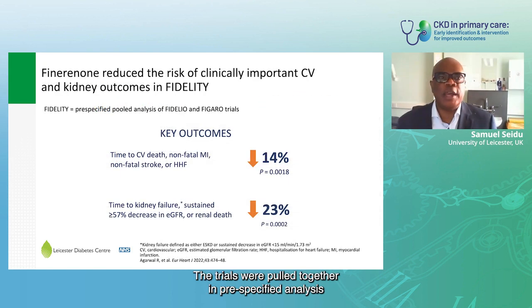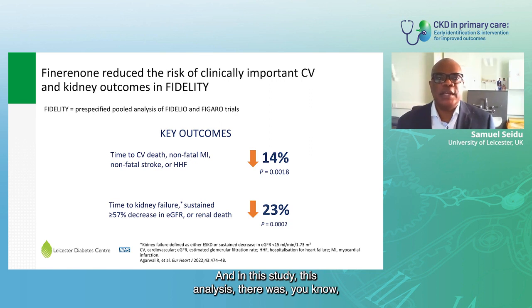The trials were pooled together in a pre-specified analysis called the FIDELITY analysis. In this analysis, there was a 14% reduction in the time to CV death, non-fatal MI, non-fatal stroke, or hospitalization for heart failure, and this was statistically significant. In addition, there was a 23% reduction in the time to kidney failure, sustained eGFR decline of more than 57%, or renal death.